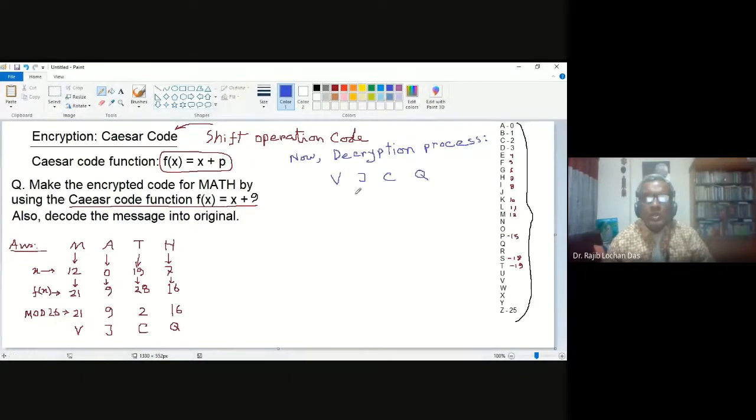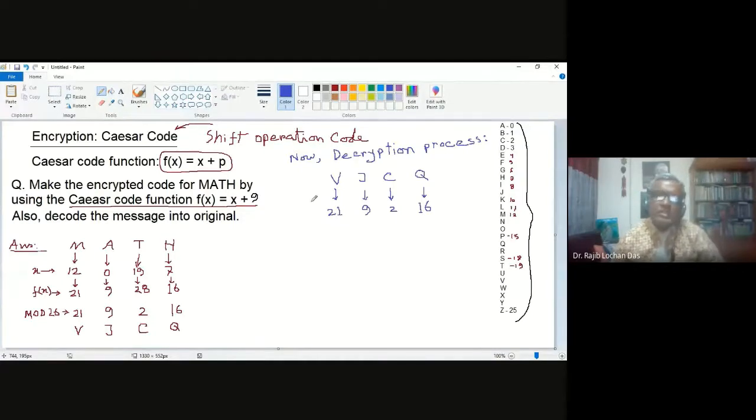So again you write the number for V. So the numbers are 21, then 9, then 2, then 16. These are the numbers attached to the letters in the code, and now I will do the opposite calculation.